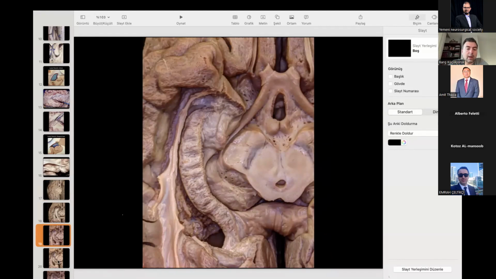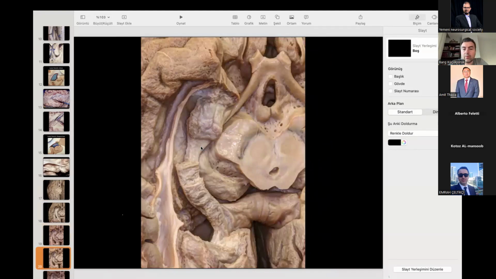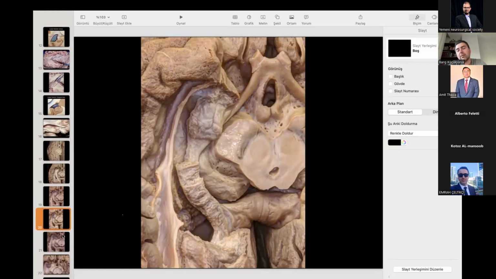Then when we partially remove it, we see the fornix here. At the anterior, there is the amygdala. I'm passing these a little bit fast because the topic today is not the mesial temporal area. I just want to express that these structures are at the medial wall of the temporal horn.